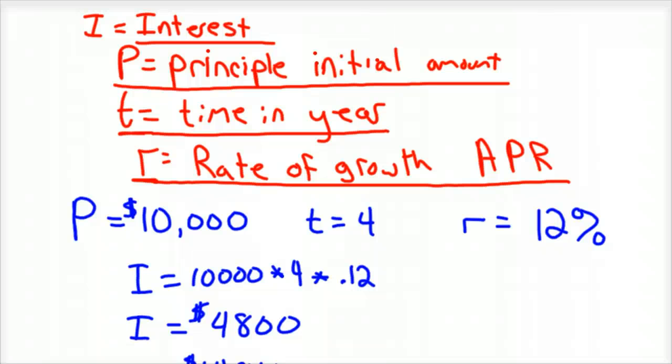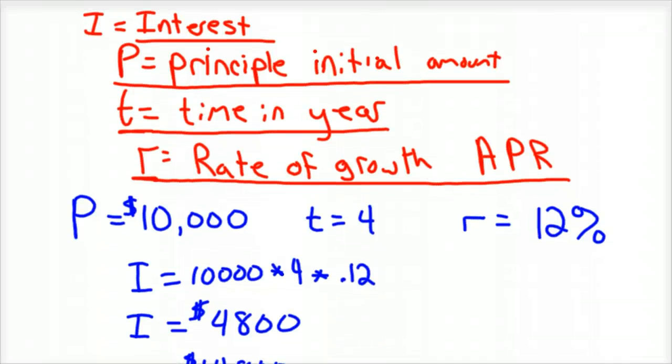Don't touch that money. 12% is pretty good. You won't get that hardly anywhere else. So to calculate how much interest you're going to have after that 4 years, you would take I equals 10,000 times 4 times 0.12, or $4,800. You just multiply the three numbers together, and that's about how much interest you'll have.